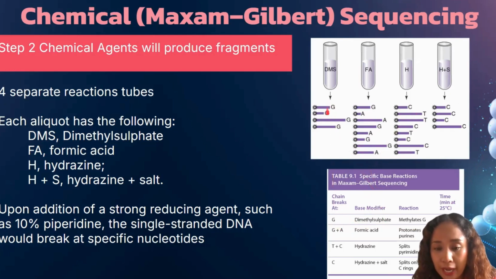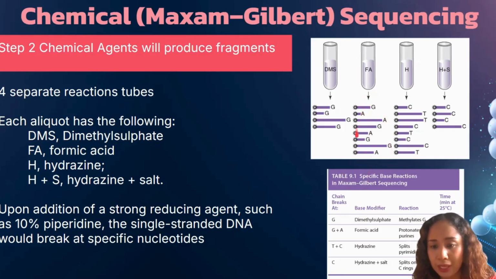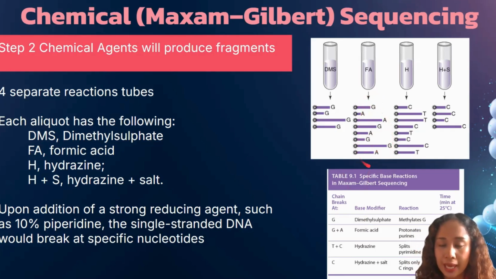It will become a fragment once there's a guanine. Notice in this image, for dimethyl sulfate plus your DNA sample plus 10% piperidine, the fragments break every time there's guanine. For formic acid, every time there's guanine and adenine, the segments will break. It will hydrolyze at the end.